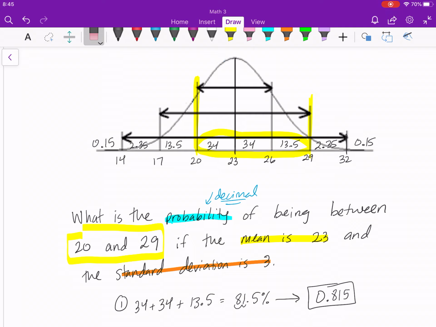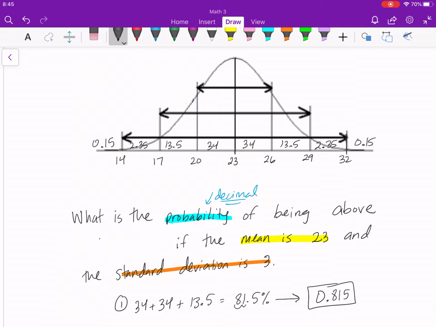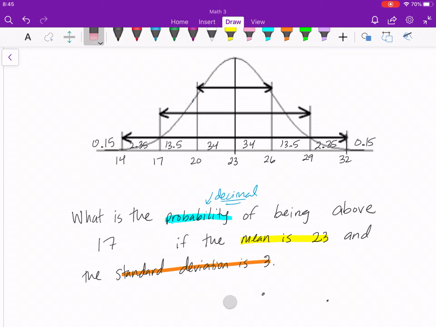Let's pick another one. So I'll just change this problem slightly. So instead of between, let's say it's above. And we'll go ahead and go above, I don't know, 17 seems fun. But everything else is going to stay the same. Okay, so that's going to change your answer right here. So this time we're going to go above 17. So I'm going to go right here where the 17 mark is. I'm going above, so everything above this way.